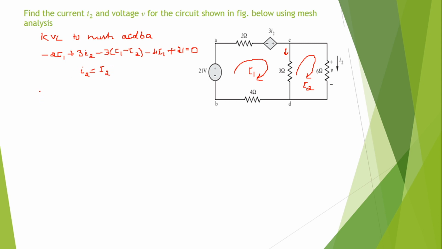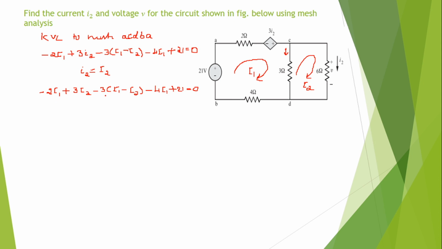So what happens? Minus 2I1 plus 3I2, now capital I2, minus 3(I1 minus I2), minus 4I1 plus 21 equal to 0. What is the next step?